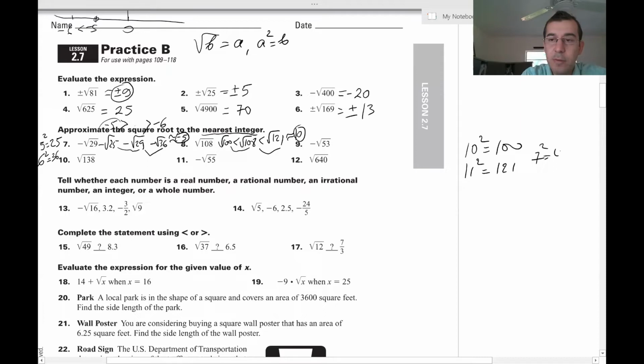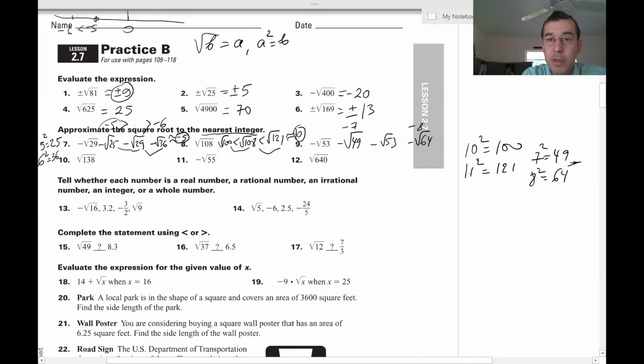Number 9, we know 7 squared is 49, and then 8 squared is 64. So 53 is between 49 and 64. So minus square root of 53 is between these. These have to be minuses because this is minus, so this is minus 7, this is minus 8.